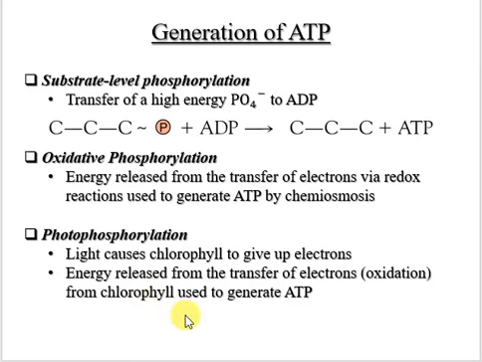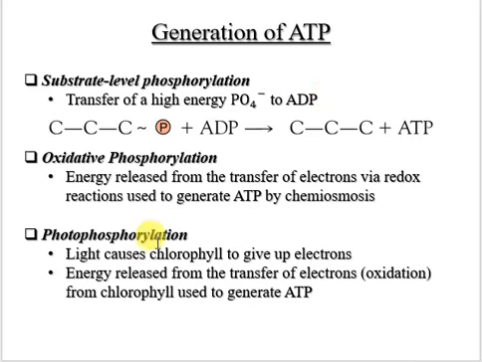This is the generation of ATP via the energy that's released from the transfer of electrons between chlorophyll and channel proteins. We won't see this in action with cellular respiration because cellular respiration does not deal with the light reactions and impacts on chlorophyll. So you'll only see this with photosynthesis. But these two we will see in action when we talk about cellular respiration.